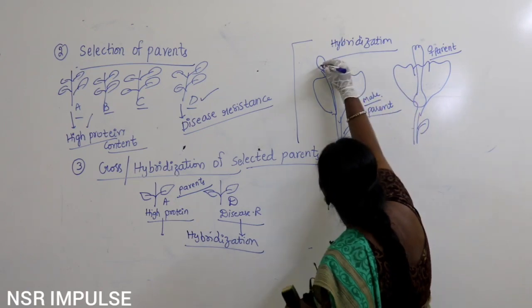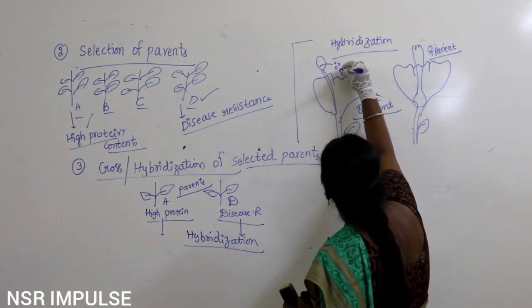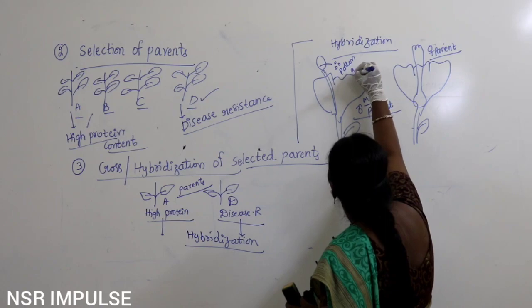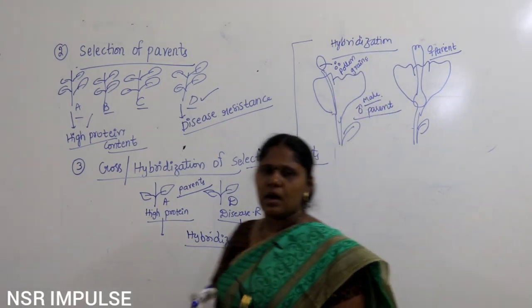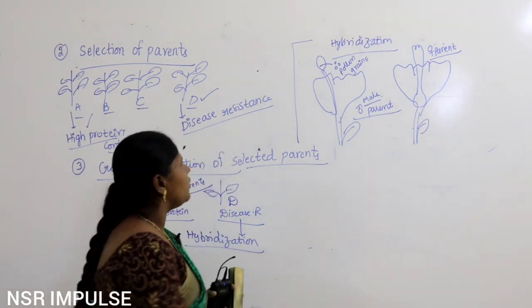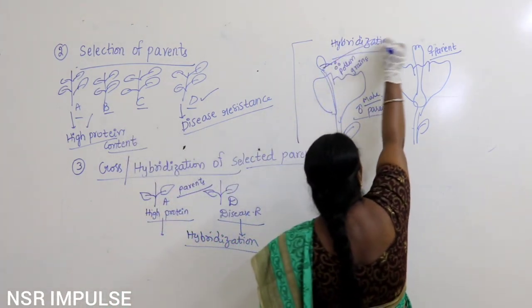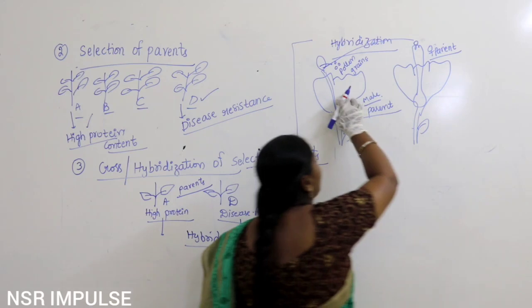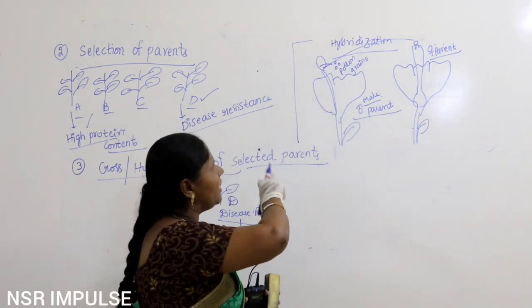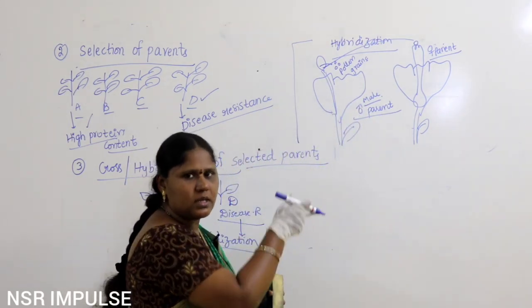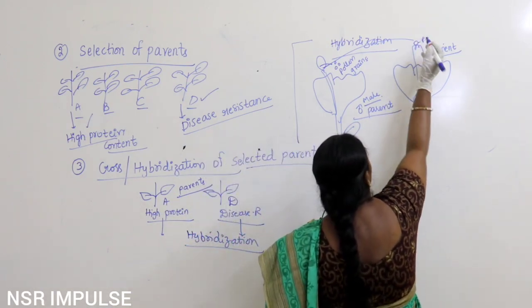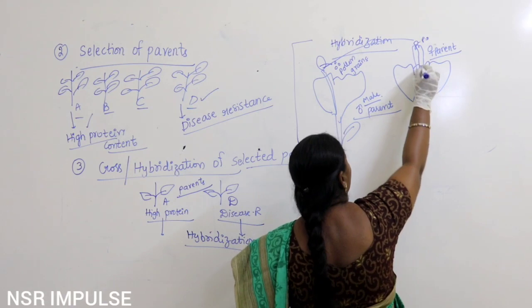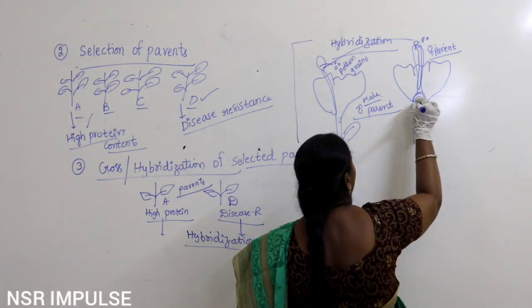So from this, desired pollen grains are collected, and we transfer pollen grains from anther to stigma. When the pollen grain is dusted on the surface of the stigma, it enters inside and fertilizes the egg.